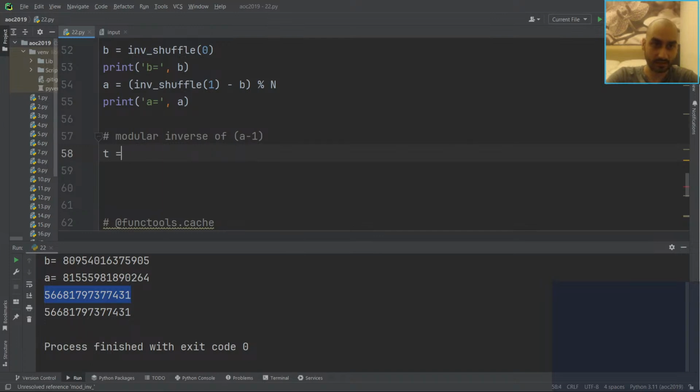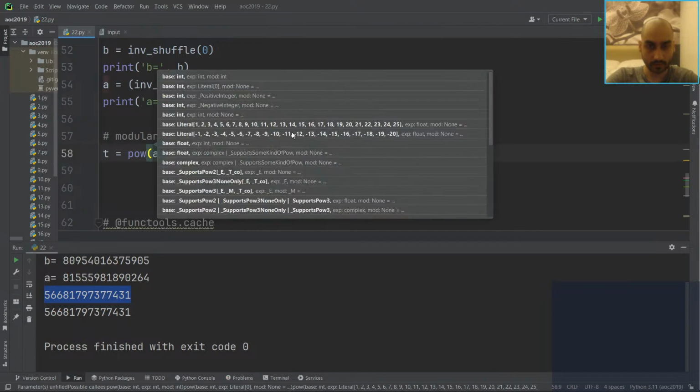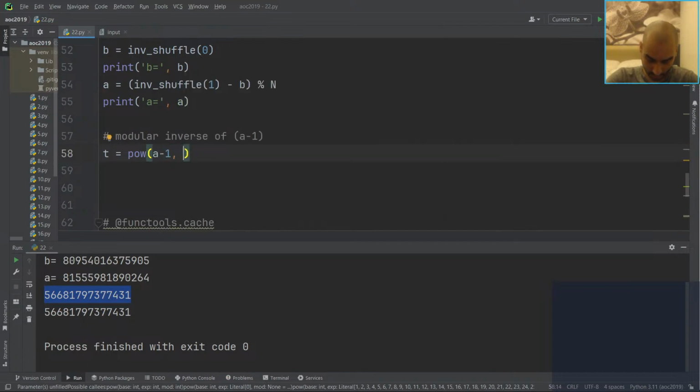Let's call it T. T equals A minus 1 to the N minus 2 mod N.